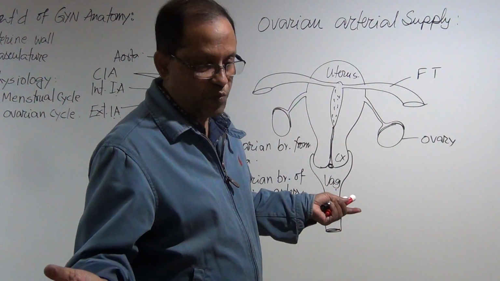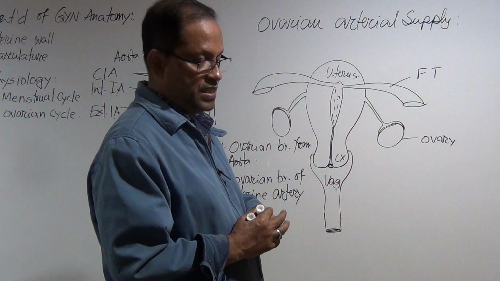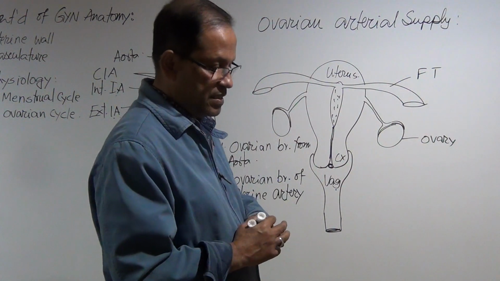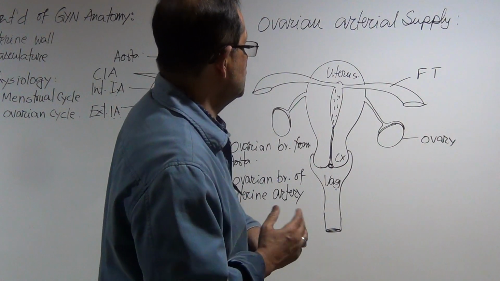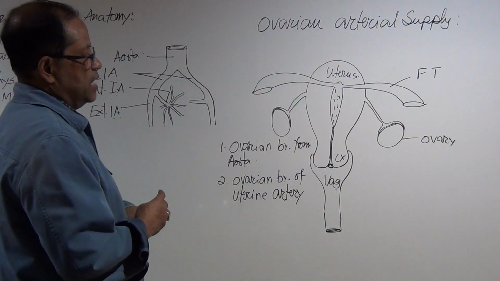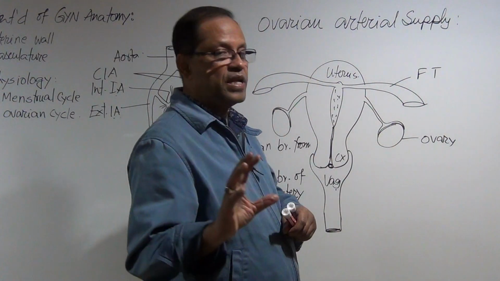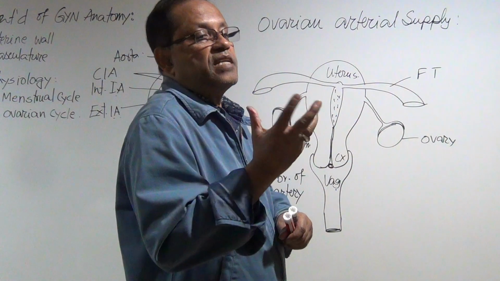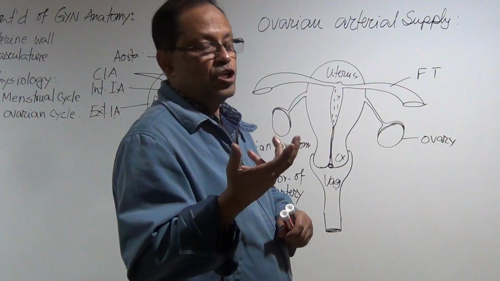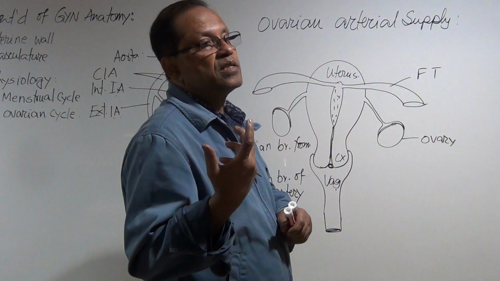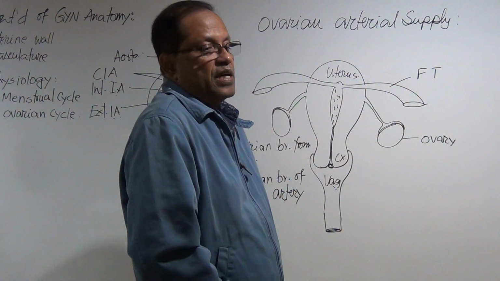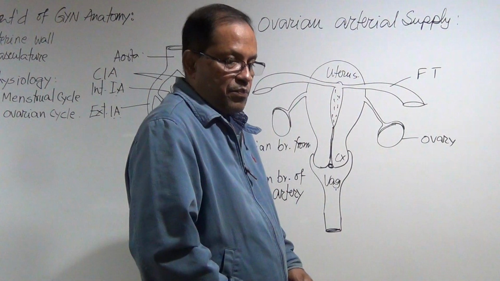We need to check the corpus luteum too after fertilization. And also we need to evaluate the ovary: is it strangulated or in torsion or not, because a lot of young girls will come with pain in the inguinal area or the lower pelvic area.